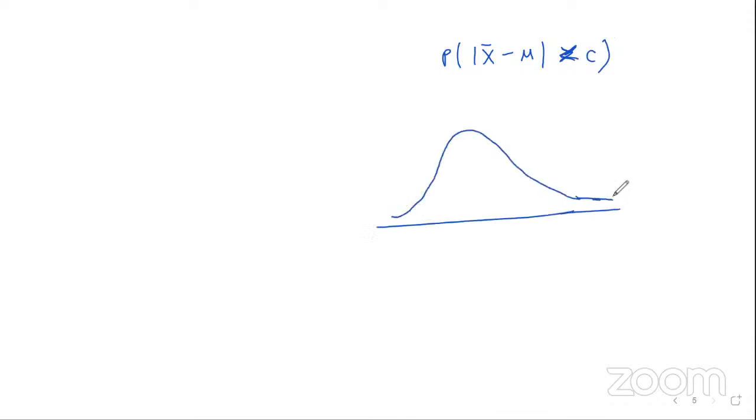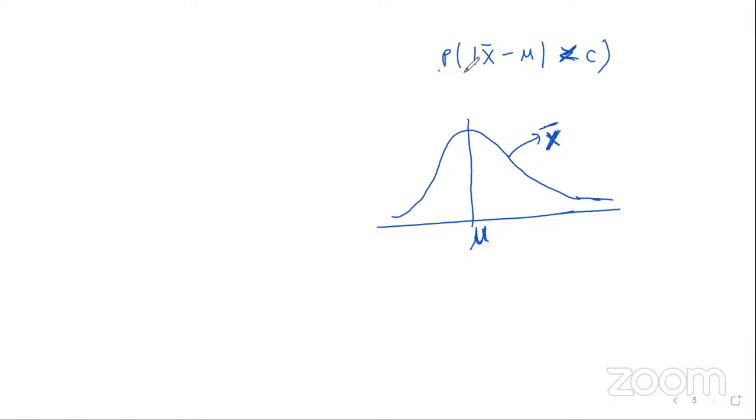So if you do probability mod of X bar minus mu less than C, what are you going to get from here? Mu is your mean. This is the distribution for your X bar, right?